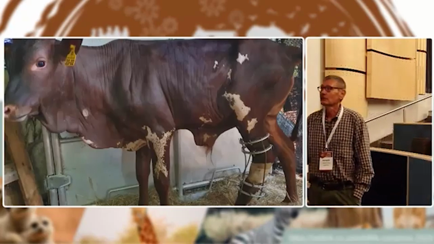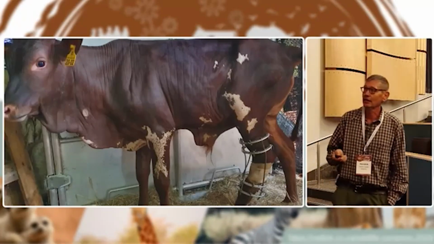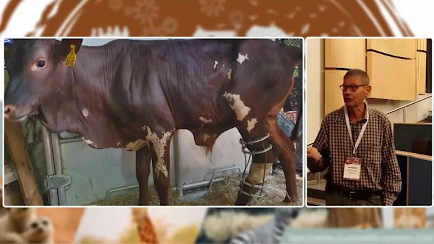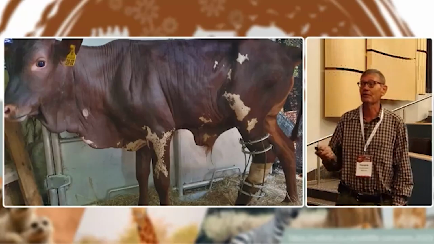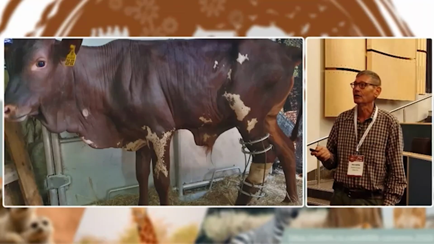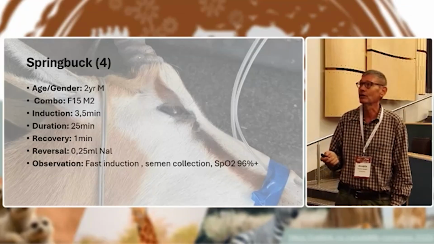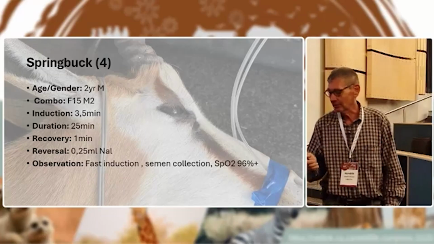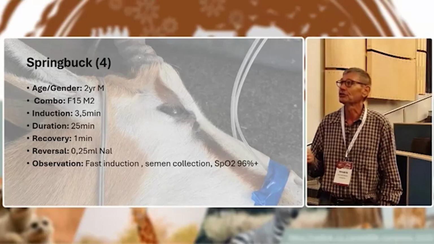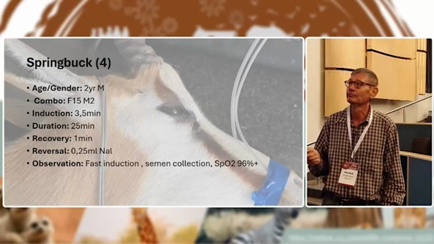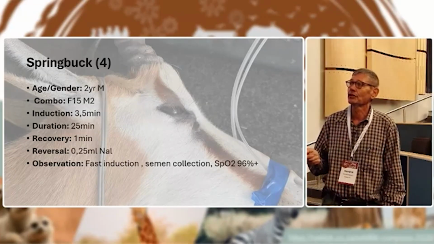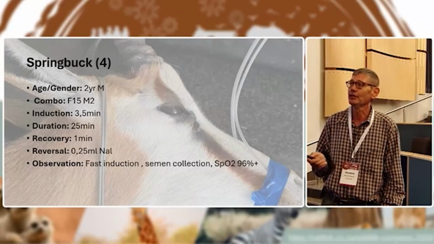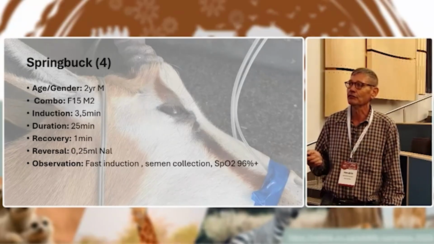Okay, so I've used it as an anaesthetic to do this surgery on an ungulate. I've also darted some ungulates and yeah, it worked very well on them as well. Springbok, this is one that I've treated a few times. A 2-year-old ram, 15 fentanyl, 2 medetomidine. Induction time 3.5 minutes.